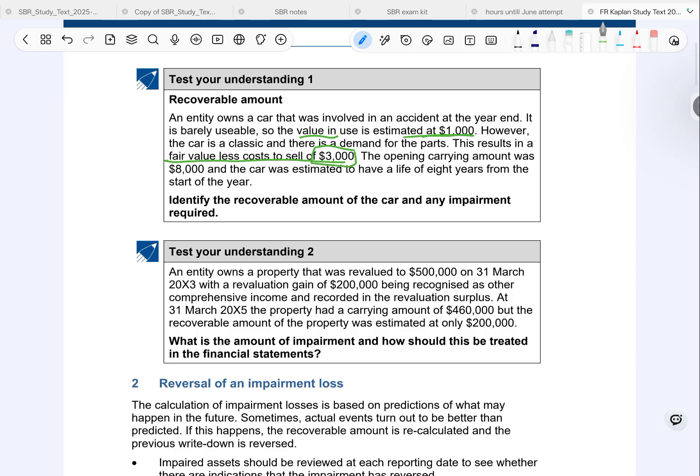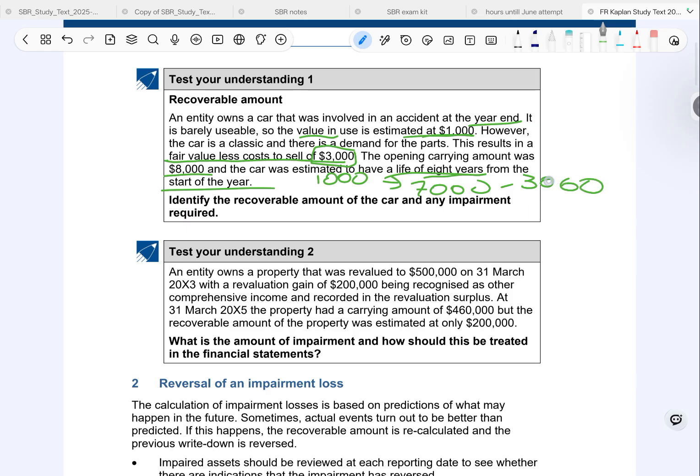Now the opening carrying amount was 8,000 and the car was estimated to have a life of 8 years. So our annual depreciation is $1,000 from the start of the year. The year end means we have completed 1 year. So after depreciation, our carrying amount is 7,000. Our fair value less cost of sale is 3,000, that is the recoverable amount.